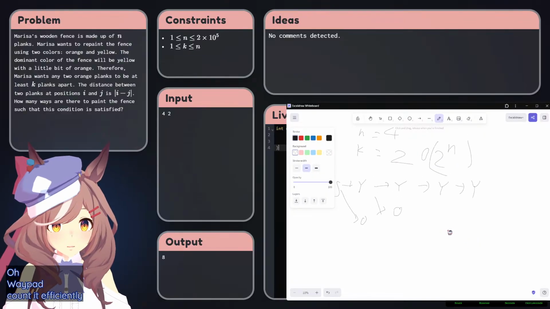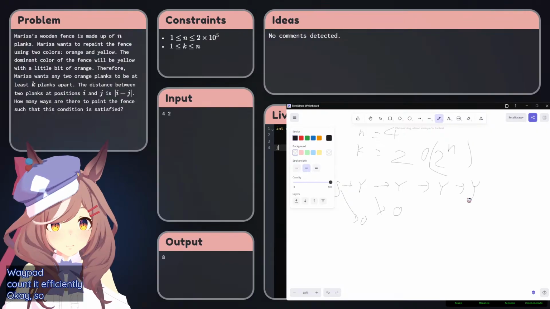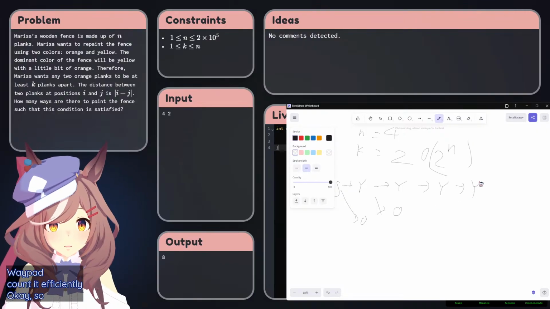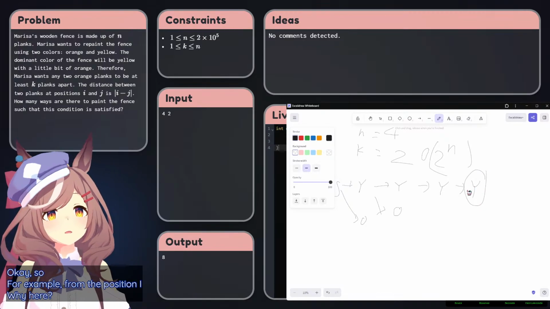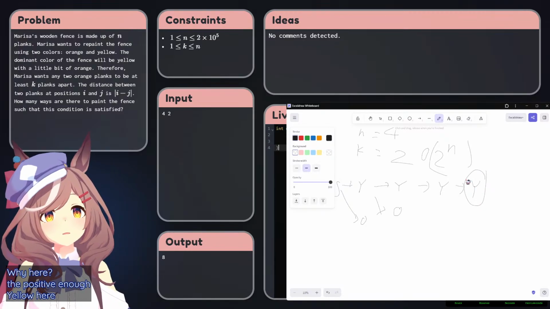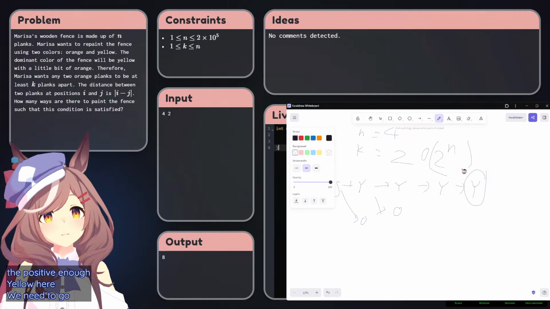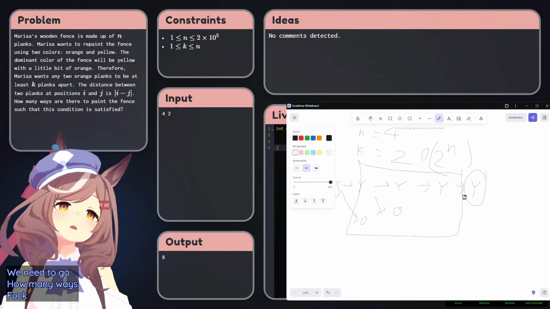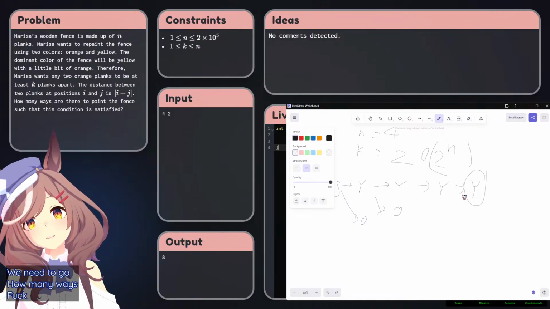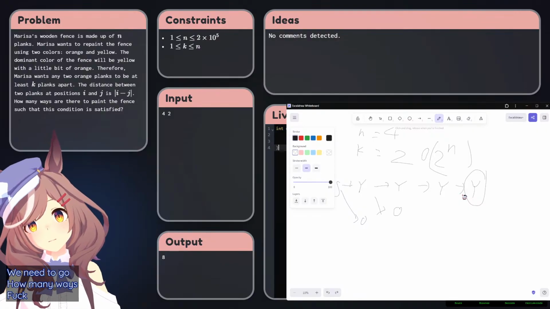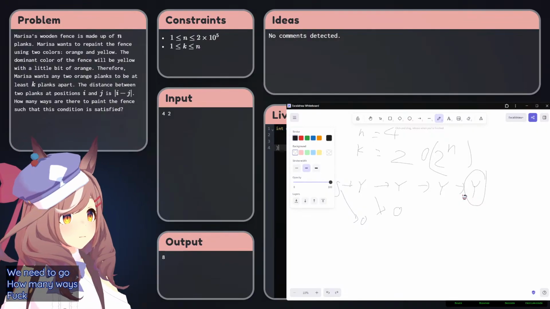For example, from the yellow position here, we need to count how many ways before. It can be difficult.